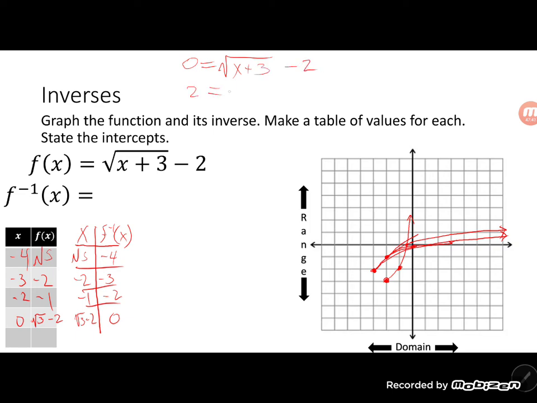Well, that would be 2 equals the square root of x plus 3, which would then equal 4 equals x plus 3. Notice I squared both sides. And then that's going to go to x equals 1. Okay, so we plug in 0 for y, and we get out x equals 1. So there's our coordinate right there, and then there's the inverse of it right there.